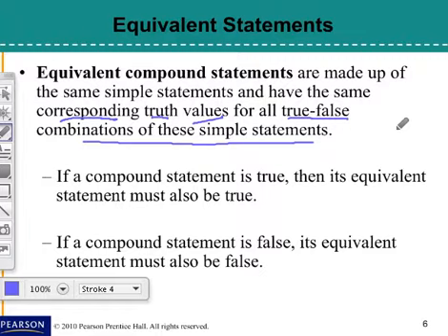That's what we're talking about when we talk about equivalent statements. Now, here's one thing we know. If a compound statement is true, then its equivalent statement must also be true. If the compound statement is false, the equivalent must be false as well. Sometimes people say, well, let me say that in other words, right? An equivalent statement.